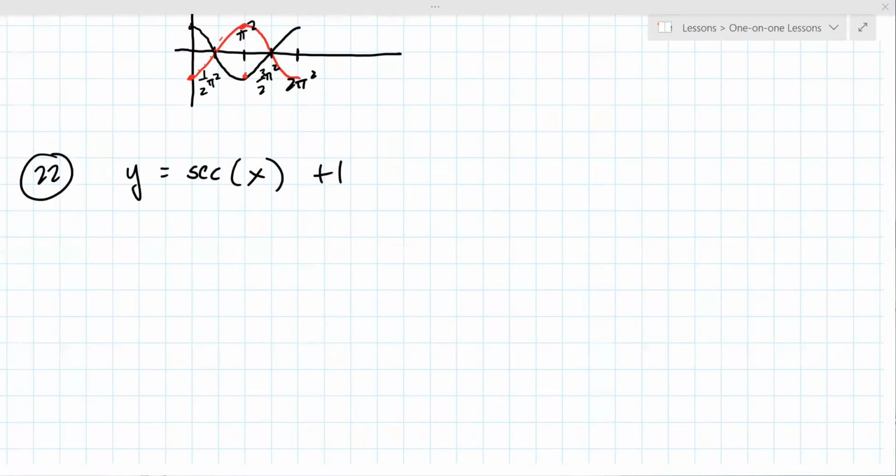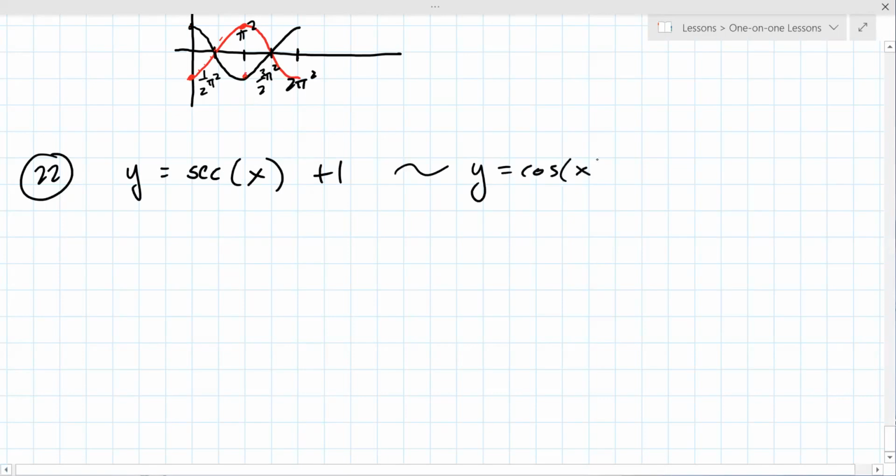All right. So the way that you graph secant is you actually graph a cosine. So this is like graphing y equals cosine x plus 1, and then we make some changes to it.